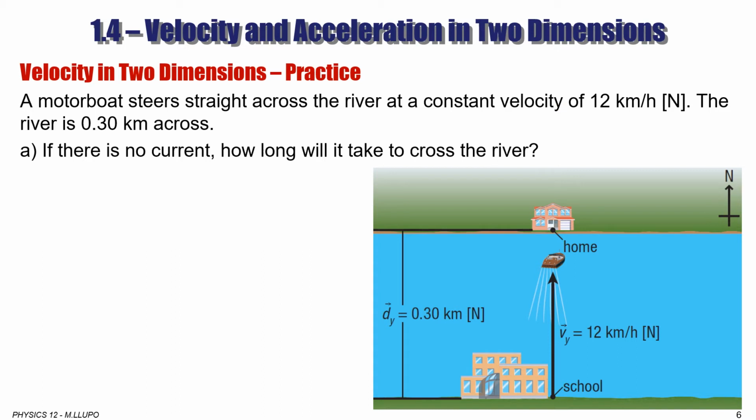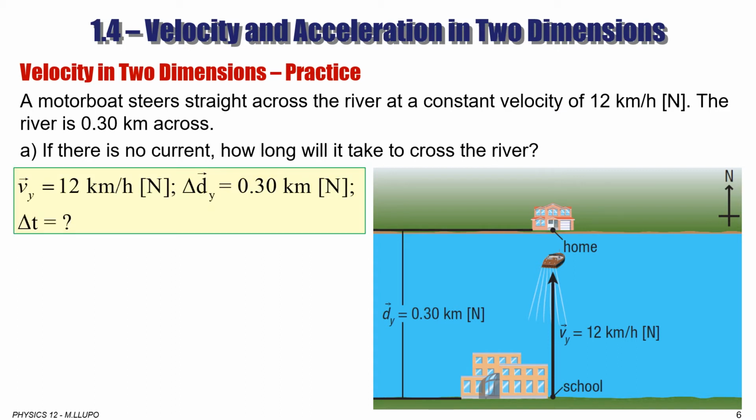It's a simple solution. On the y-axis, you have the boat speed, 12 kilometers per hour north, and the delta y, which is how wide the river is, 0.3 kilometers.